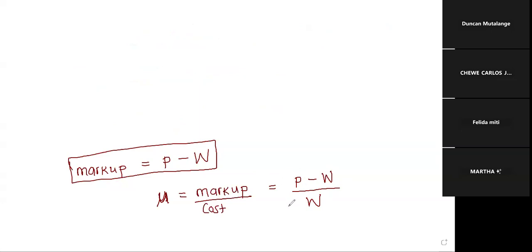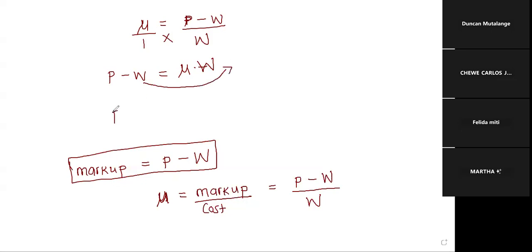So I can simply say markup, mu, is equal to P minus W over W. Now, what are we interested in? Price setting, so let's make price the subject of the formula. I cross multiply, so it will be P minus W is equal to mu times W. Then I can take this one to the other side, so P is equal to mu times W plus W. I can factorize the W, so P is equal to W times mu plus 1.